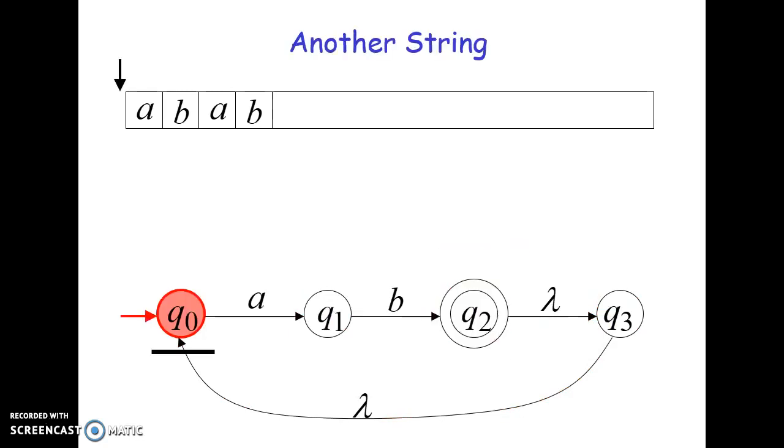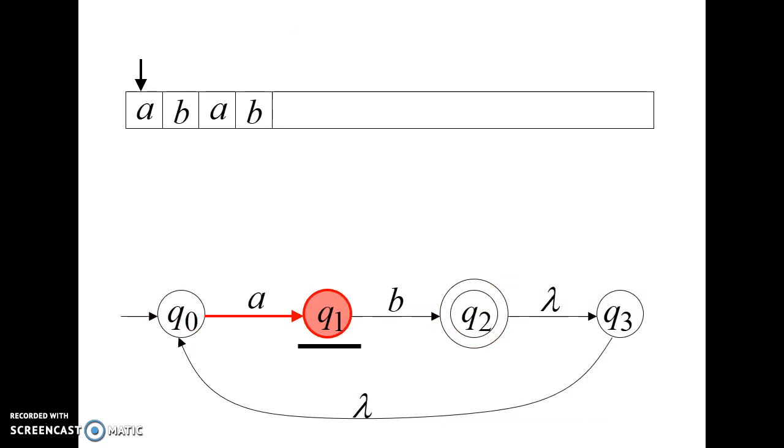We are at the state Q0, we read the A, we then read B, we get to Q2, string's not yet ended. So we take this lambda transition, but we stay at the letter B. Now at Q3, still it's not the final state, but we have a lambda transition. So thinking that maybe we'll get something else, we take this lambda transition, go forward, get to the state Q0.